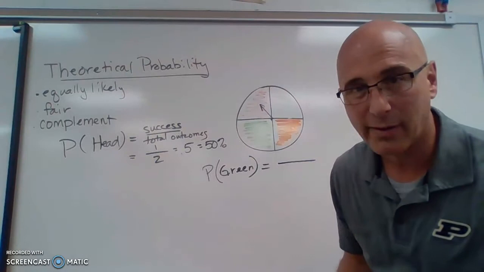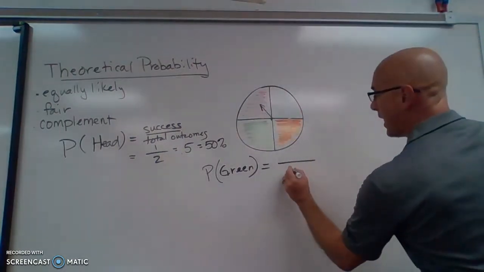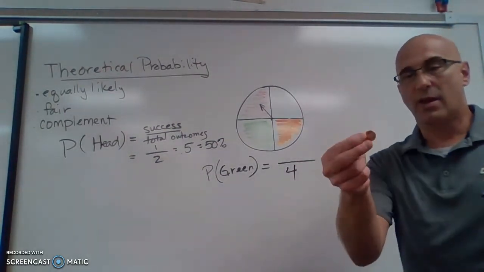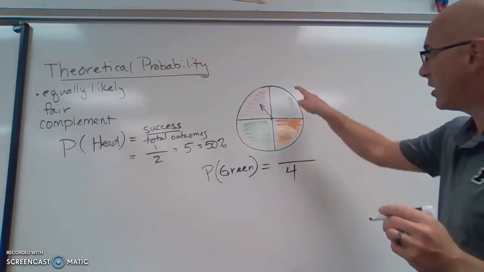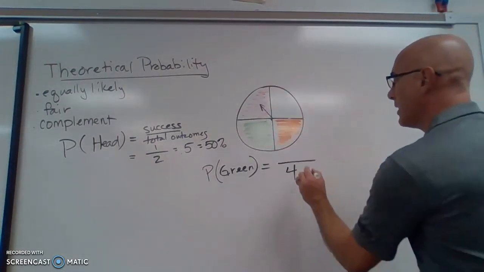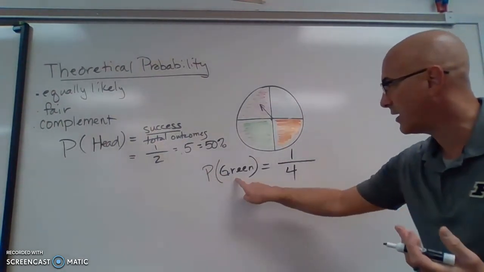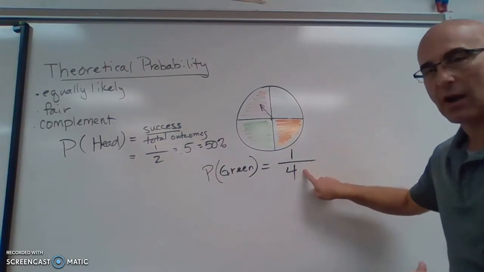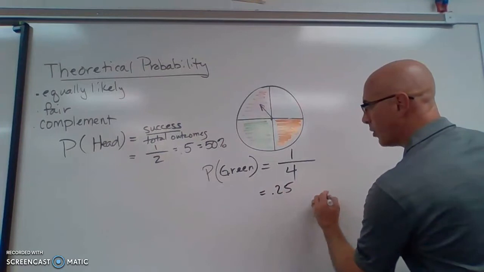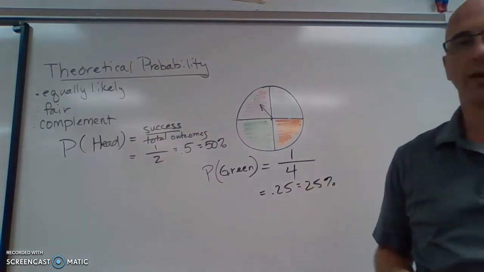Yes, it could end up on a line, but let's pretend it doesn't. So we have 4 different colors it could land on. Now, what are the successes? There is only one way it could be a success. The probability of landing on green is 1 chance out of 4. We can also write that as a decimal, 0.25, or 25%.